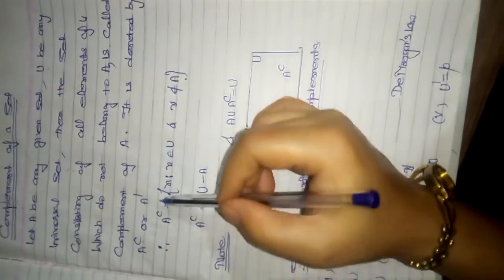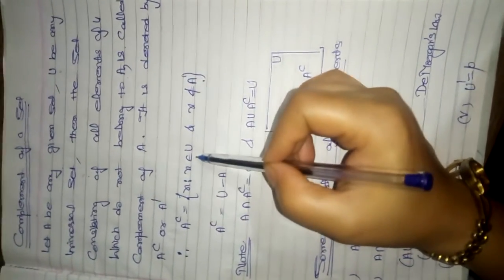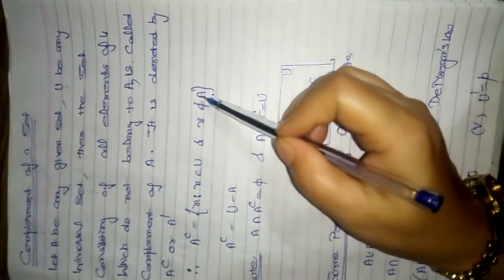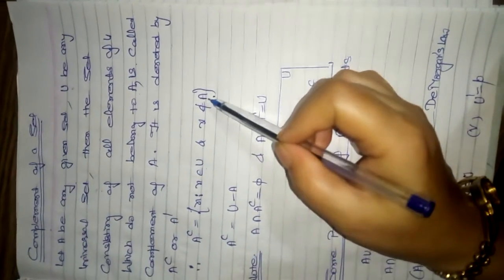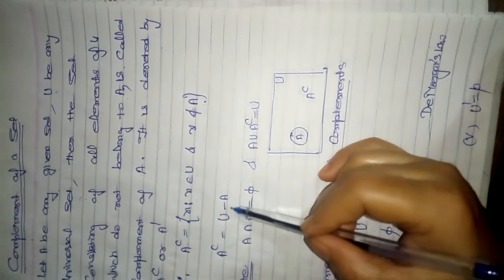Now in set builder form, A complement is {x such that x belongs to U and x does not belong to A}, those elements which don't belong to set A. So A complement is U minus A. You know what U minus A is?